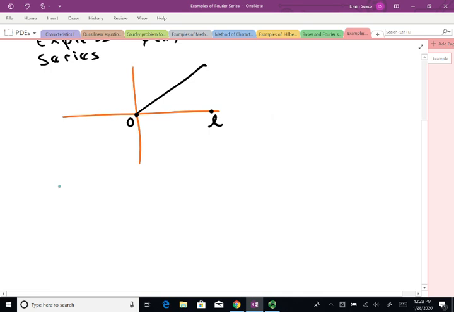If we have phi of x, we have a formula, right?